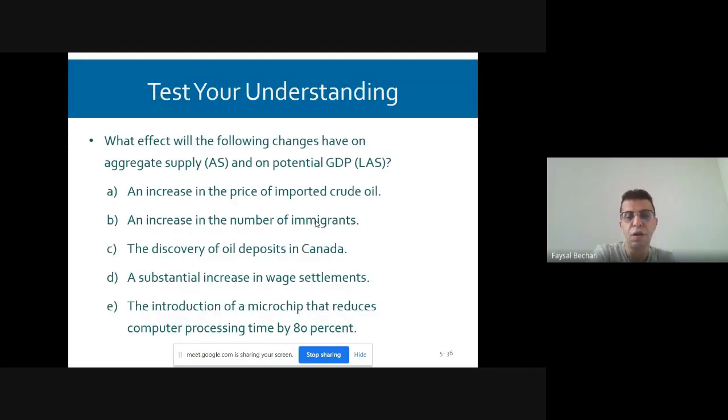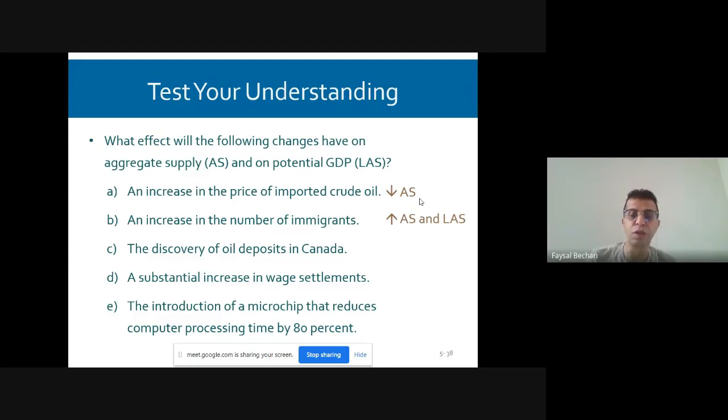Now let's see an increase in the price of imported oil. What will happen to it? The aggregate supply lowers because the cost of production is going higher, and that will affect the production itself. Now, an increase in the number of immigrants, more immigrants.